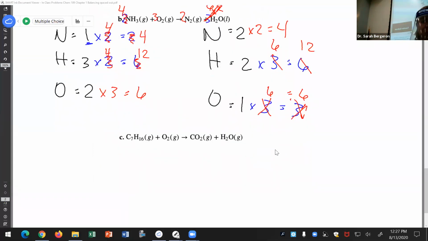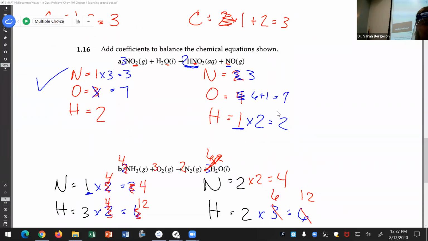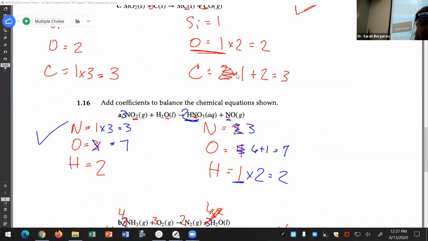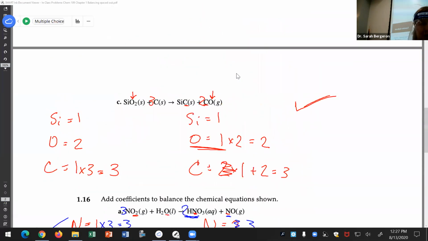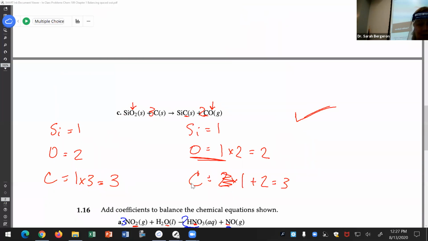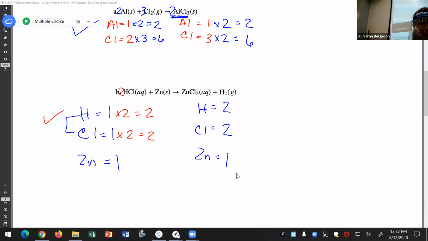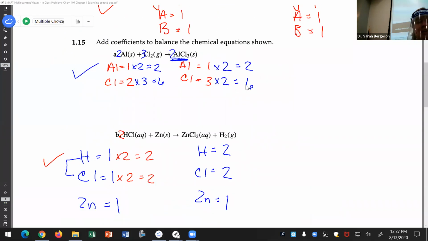So it's really similar to what we did. Which one was it, where we multiplied by the opposite, 3 and 2 and 2 and 3? Here, this one right here. It's the same trick.